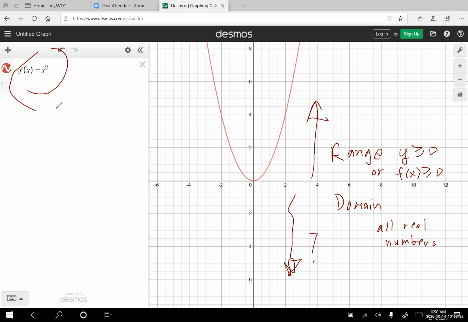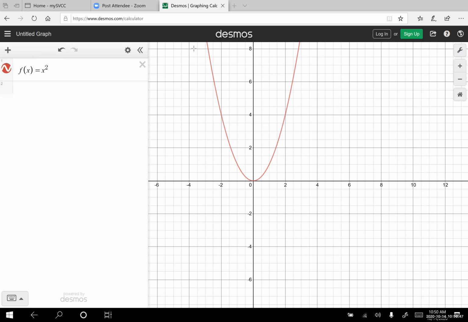What would be an example of, let me note this while I've got this picture up here. When you talk about functions, you often hear about vertical line tests, and that's supposed to tell us whether something is a function or not. It gives us a pictorial example of that.